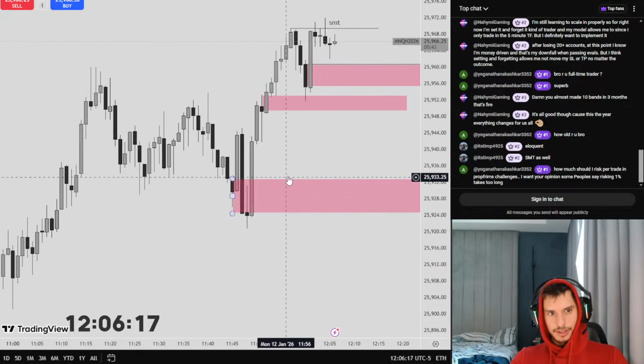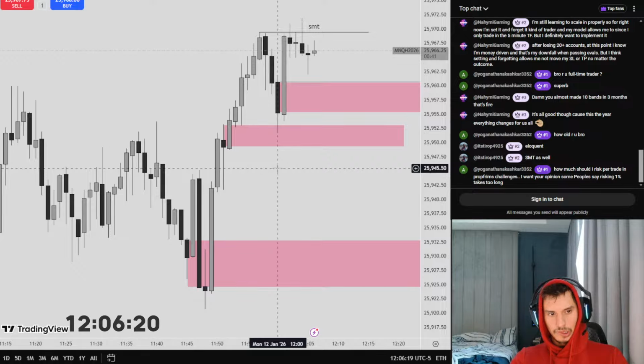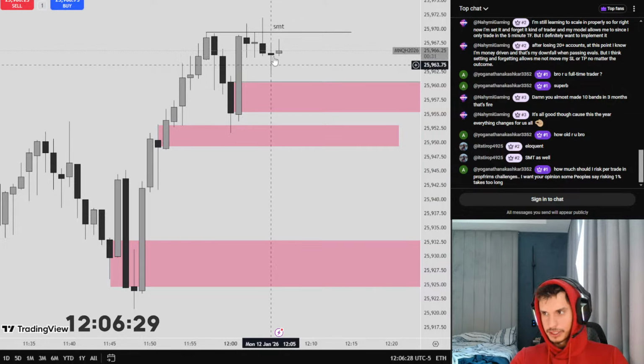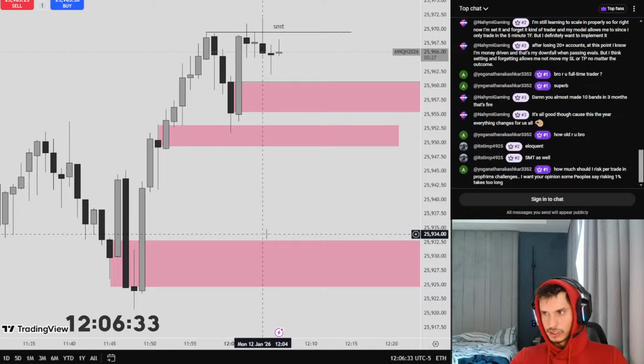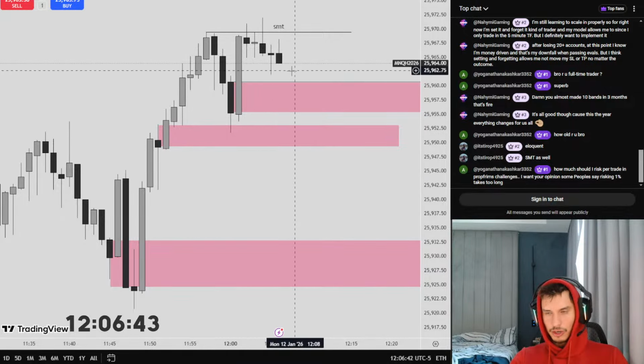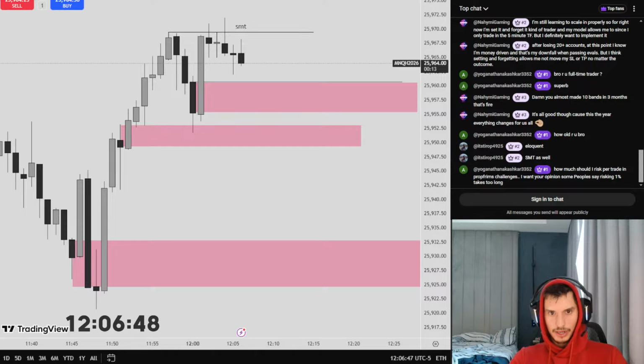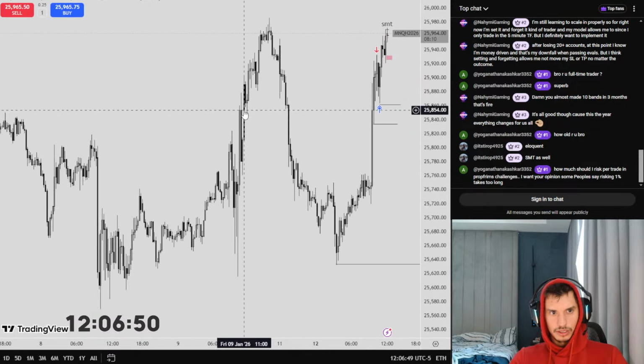See if we can get anything. Still waiting for that displacement. There could very well be no displacement and just price pushing up and continue higher, going for the highs.